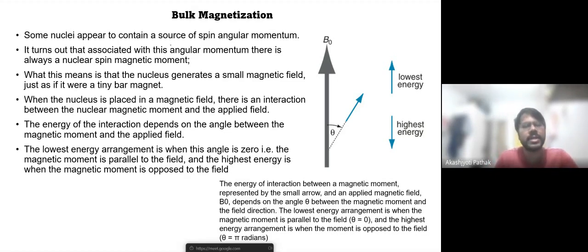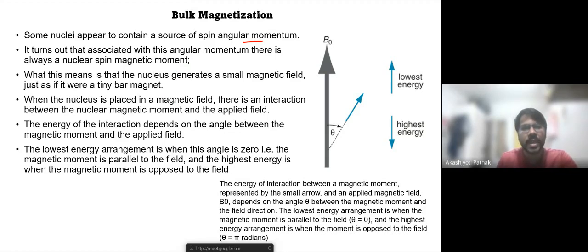Okay, so that is what is explained. Some nuclei appear to contain a source of spin angular momentum. As we discussed, if we look at the periodic table, all those nuclei which have an odd atomic mass number or odd atomic number or both will have a particular spin quantum number, and because of the spin quantum number, they are associated with a spin angular momentum.